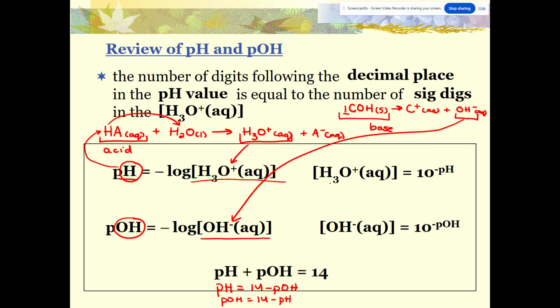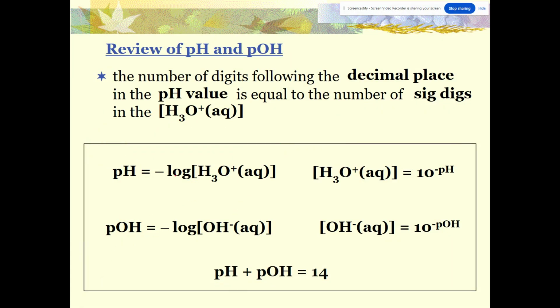Okay, I can also find the concentration of my 2 ions. Hydronium can be found with 10 to the exponent negative pH, and hydroxide concentration can be found with 10 to the exponent negative pOH.